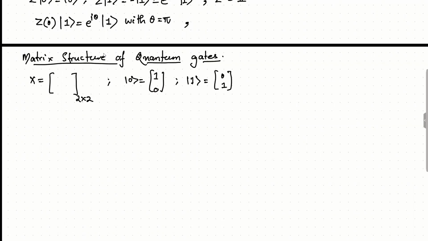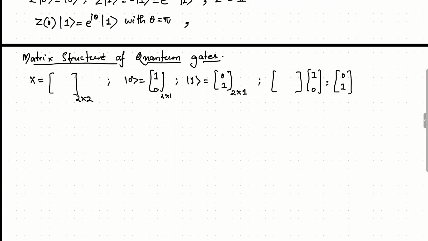So if an operator is operated on this state, which is a 2 cross 1 vector, then the operator must be a matrix of 2 cross 2 order. So X gate takes 0 to 1 and 1 to 0. That means this matrix, when applied to 1 0, gives me 0 1.